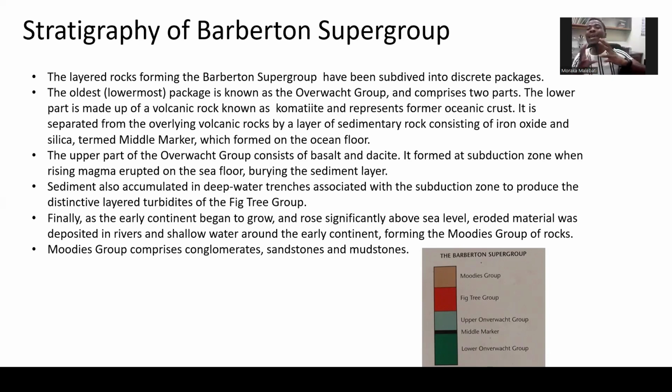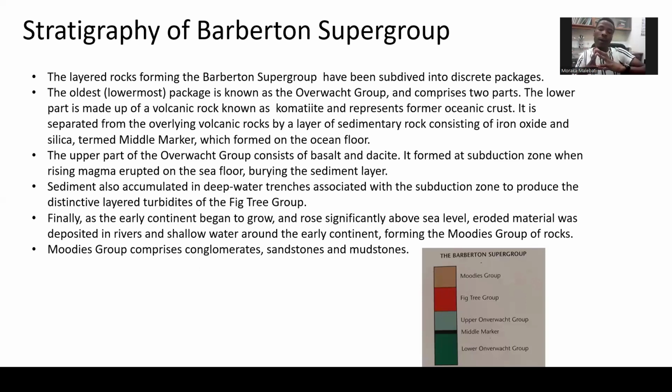It is made up of volcanic rocks known as komatiite, and these rocks represent the former ocean crust. It is separated from the overlying volcanic rocks, or separated from the upper Onverwacht, by what we call a metal marker. A metal marker is nothing but, we can think of it like pelagic sediments.